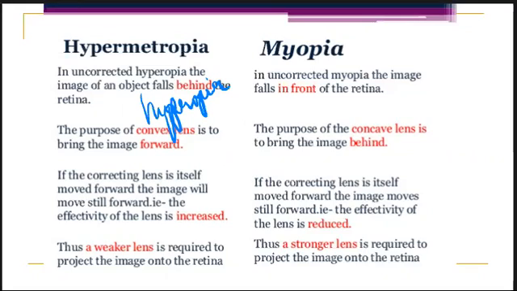Now, what is hyperopia? Hyperopia is corrected for farsightedness, okay? While myopia is the medical term for nearsightedness.